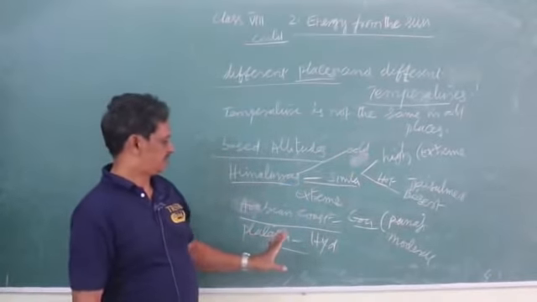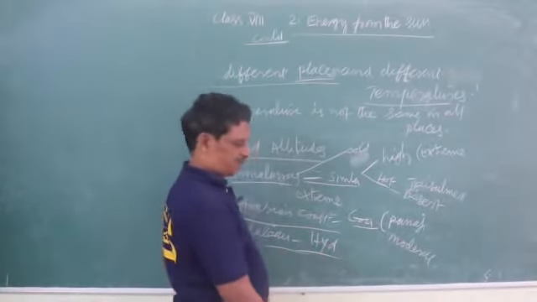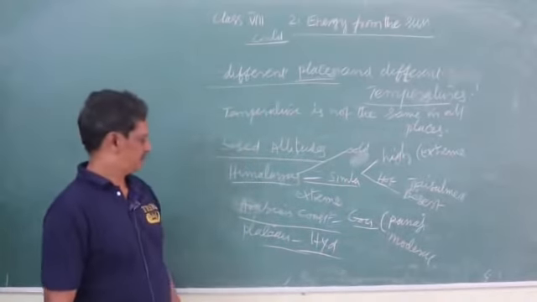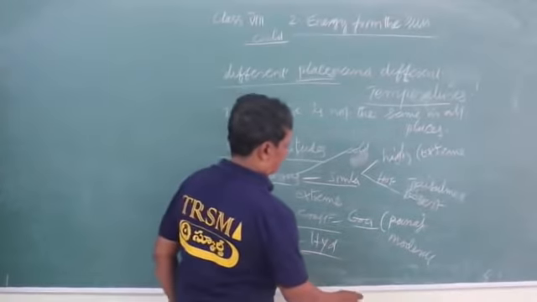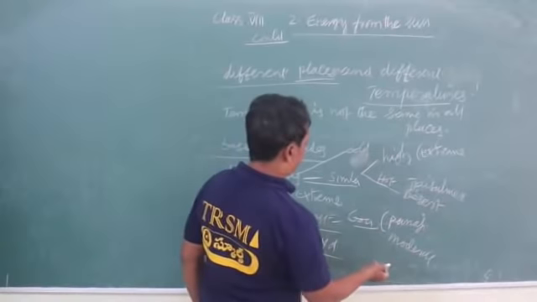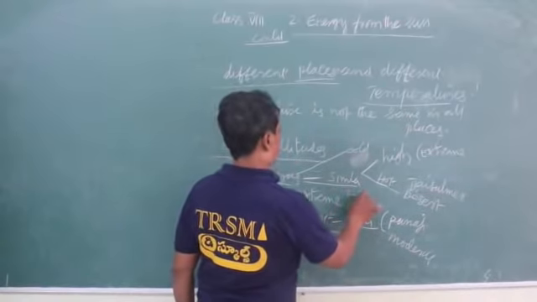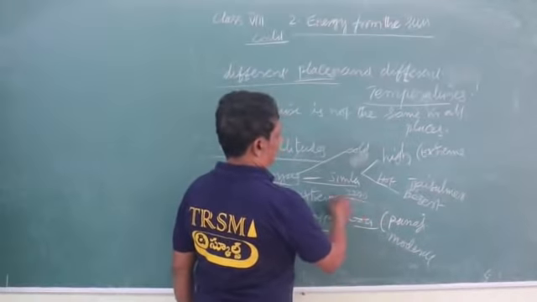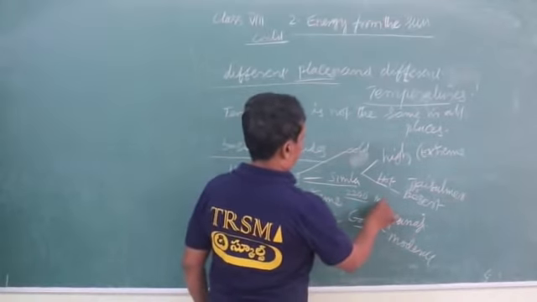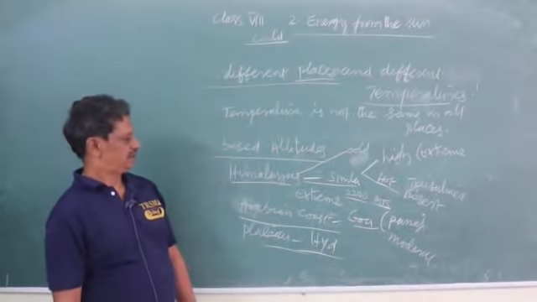So moderate means medium, Hyderabad. Compare with Simla, moderate climate. Simla is at 2200 meters height. Understand?